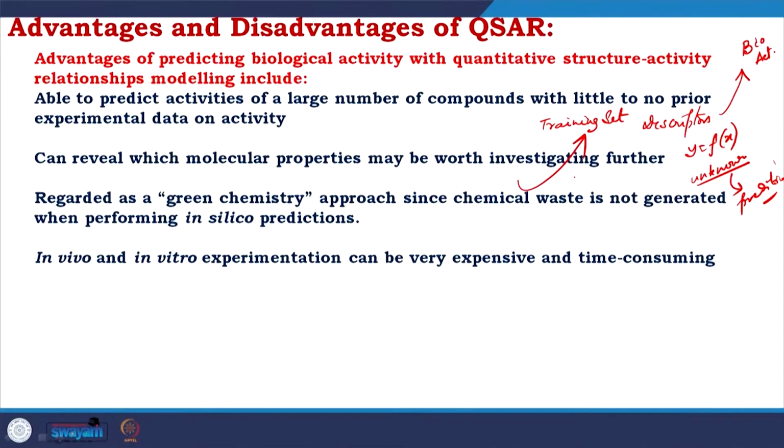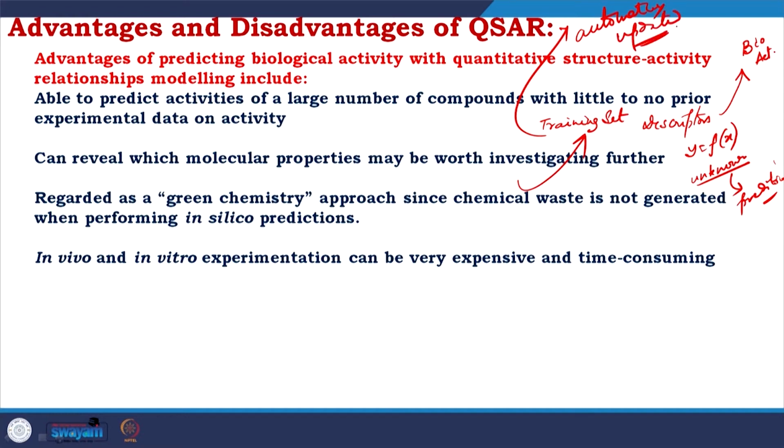So, in the current era where machine learning is coming up, contributing in every field, this would make QSAR models even better, and with more data coming in, the program would be automatically updated.